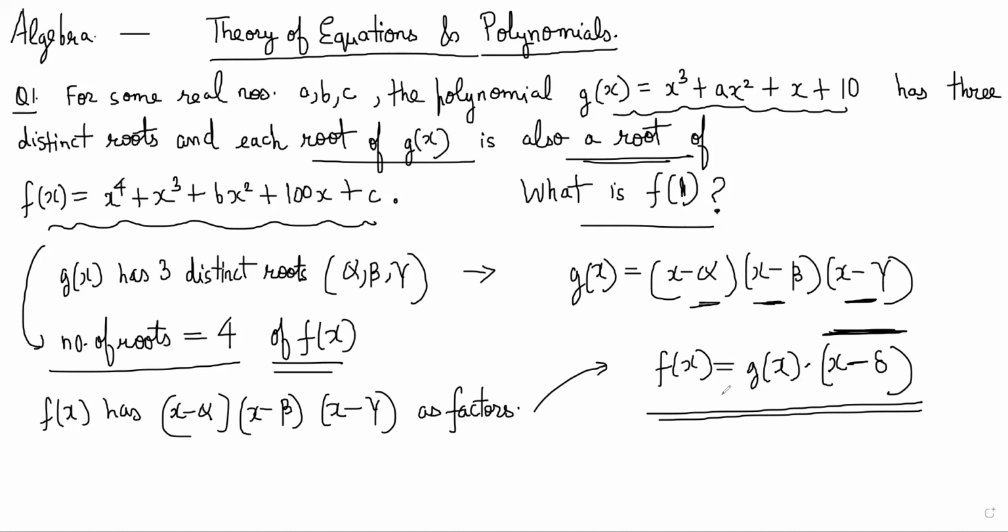So now you have to try and figure out how you will get f(1), using this information. f(x) is equal to g(x) into some (x minus something).